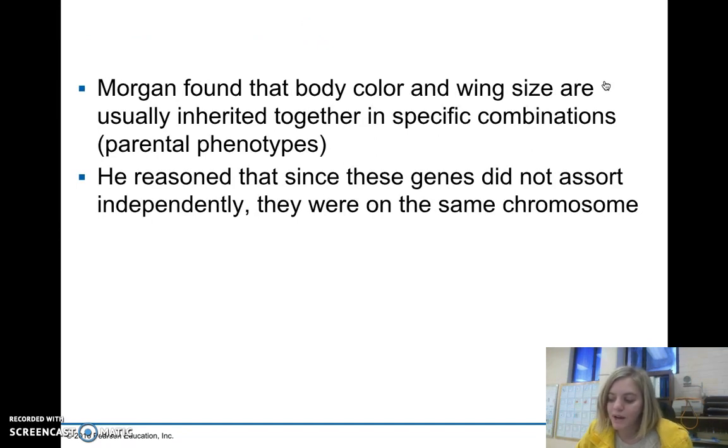He studied gray body flies with normal wings, and he also studied black-bodied flies with vestigial, or basically short wings. And he found that these two colors and wing sizes are usually inherited together in specific combinations as a result of the parental phenotypes. So this demonstrated that these genes did not assort independently like simple Mendelian traits, and eventually after many tests he was able to deduce that these genes were on the same chromosome.